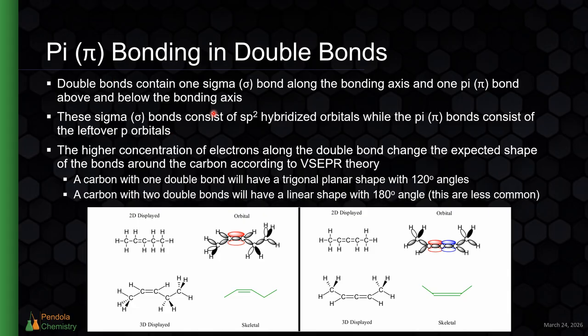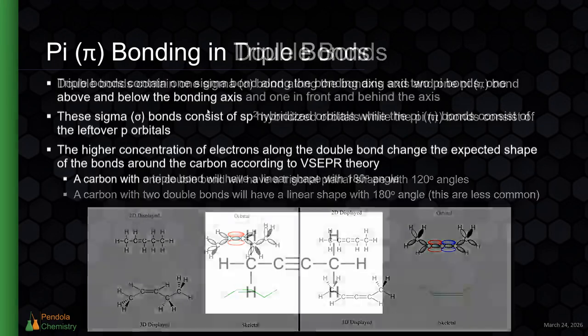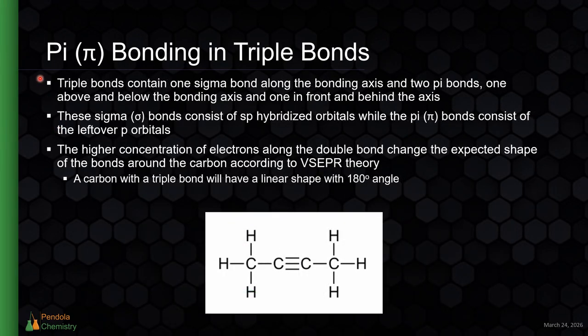Now let's take a quick look at what happens with that triple bond that we talked about earlier. So in triple bonds, we contain, again, one sigma bond, because it's always going to be a sigma bond. Doesn't matter if it's a double, triple, or single bond. There's always going to be a sigma bond in these. So out of that triple bond, that one bond is sigma.